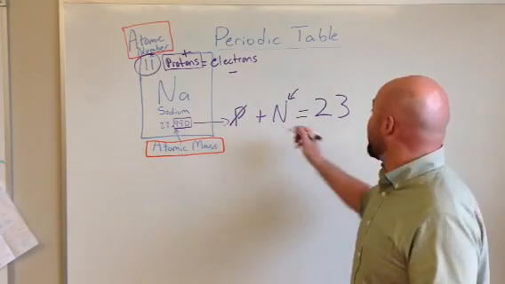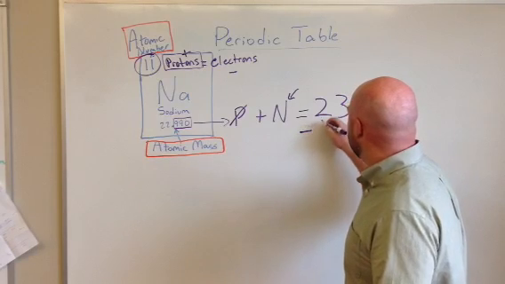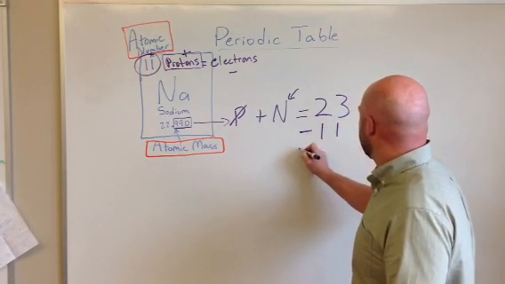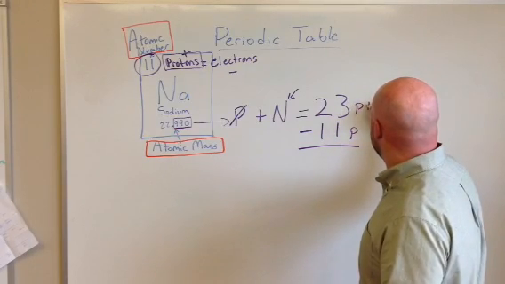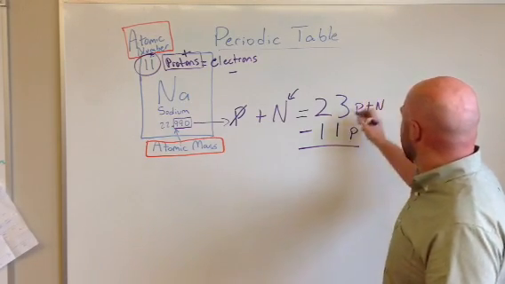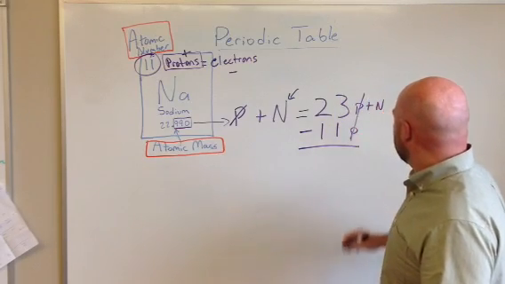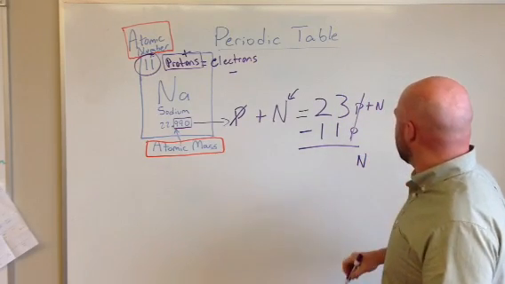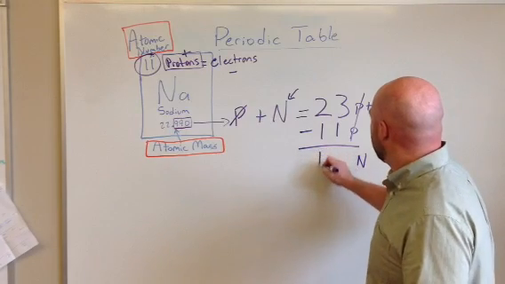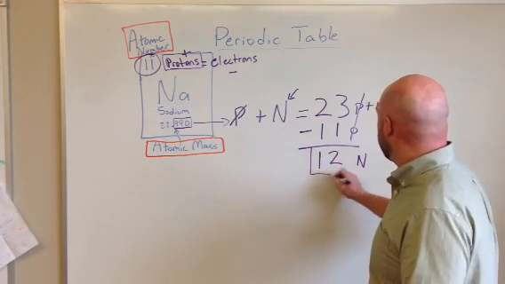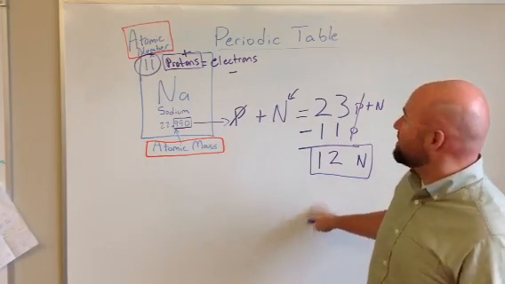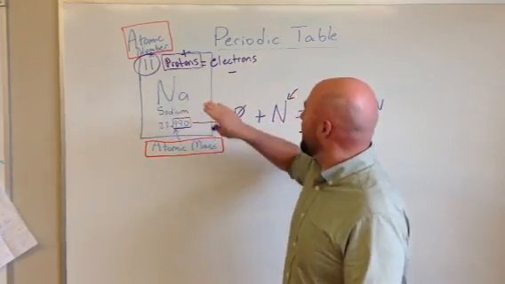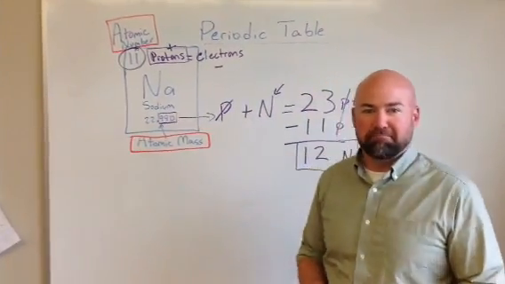So if we subtract 11 from this number, because this is protons plus neutrons, you'll have these cancel out, which leaves us with just neutrons, and then we have 12 neutrons left over. So in our element, we have 12 neutrons, 11 protons, and 11 electrons.